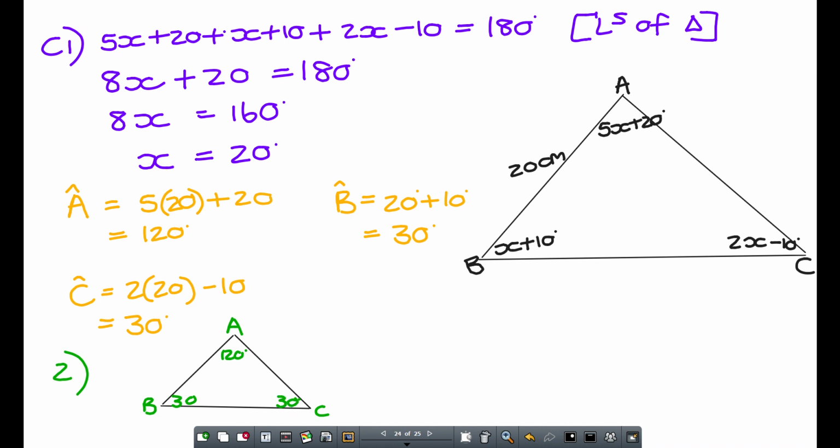So do you guys see that it is the same size down here? And because those angles are the same, it's an isosceles triangle, meaning that AB will be the same as AC. So what was AB? 20 centimeters. So, therefore, AC will have to be 20 centimeters. And they're asking, yes, give a reason.